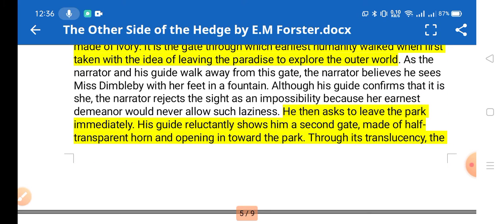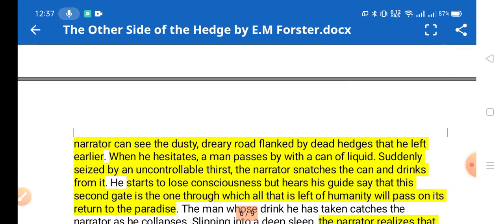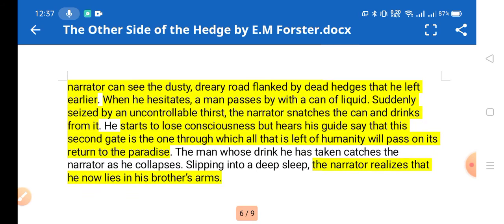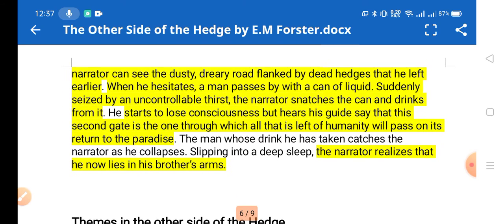The narrator was not satisfied with the place he got into, and he wanted to go back and continue his work of life, and he asked to leave the park, and his guide reluctantly shows him a second gate, which was made of half-transparent horn and opening towards the park. Through its transparency the narrator can see the dusty road flanked by dead hedges that he left earlier.